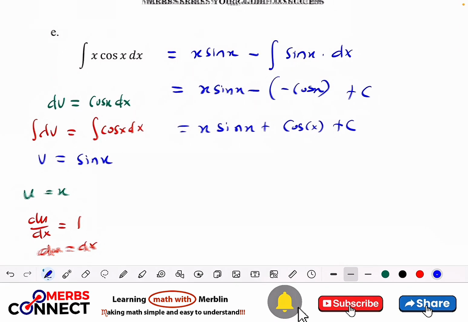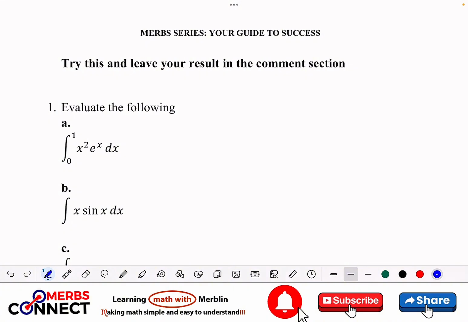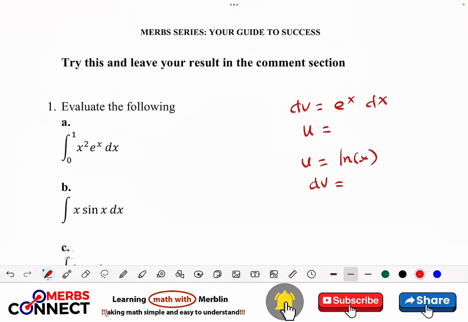Quite very simple here. So let me give you a trial question to try. As you know, with exponential function, always choose your dv to be equal to the exponential function dx, and then everything left is going for u. With the log function, choose your u to be equal to the log function, and then everything left will be going with dv.